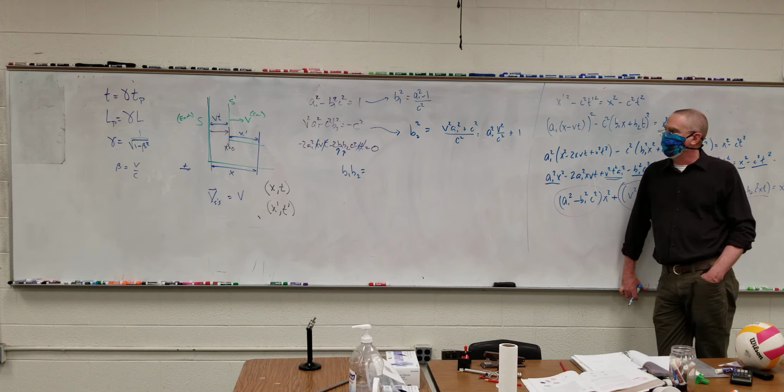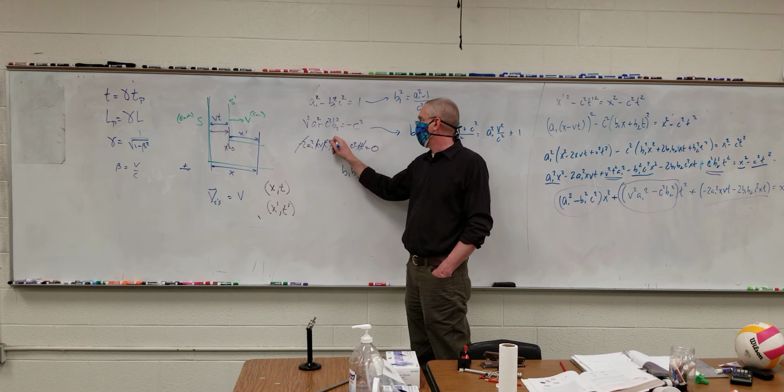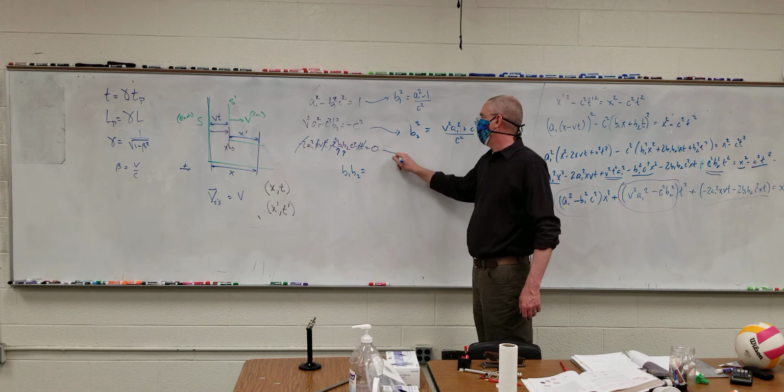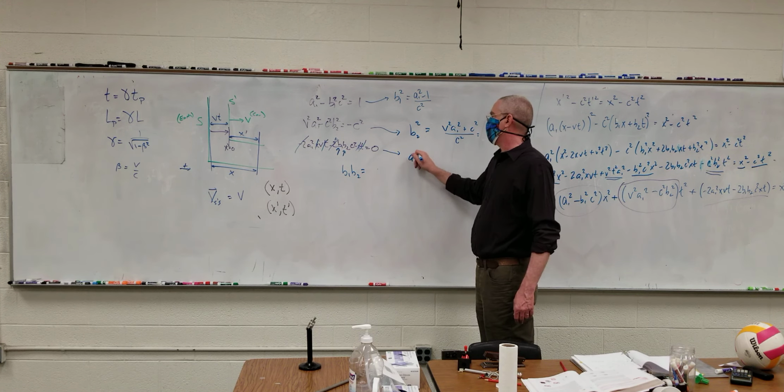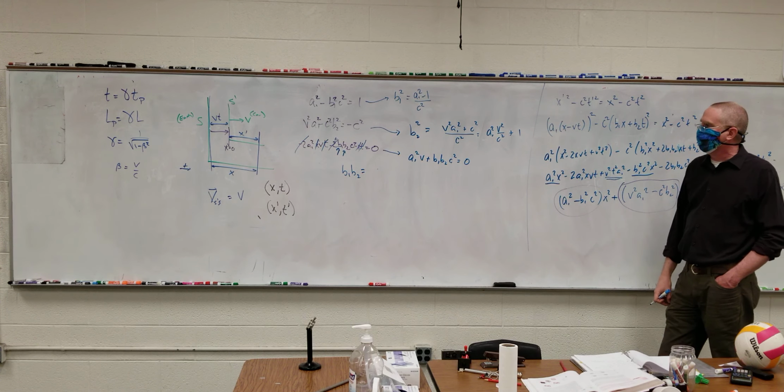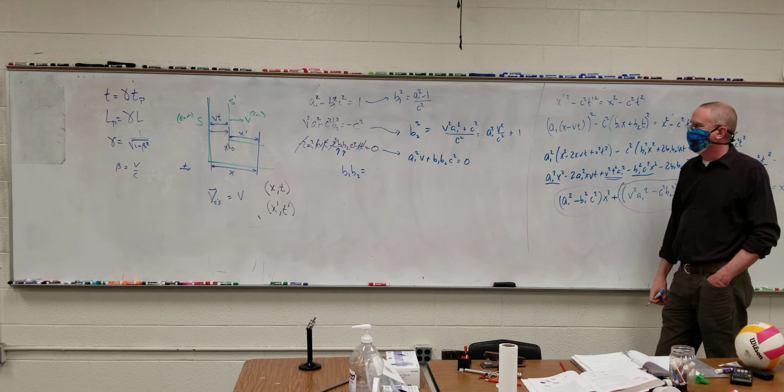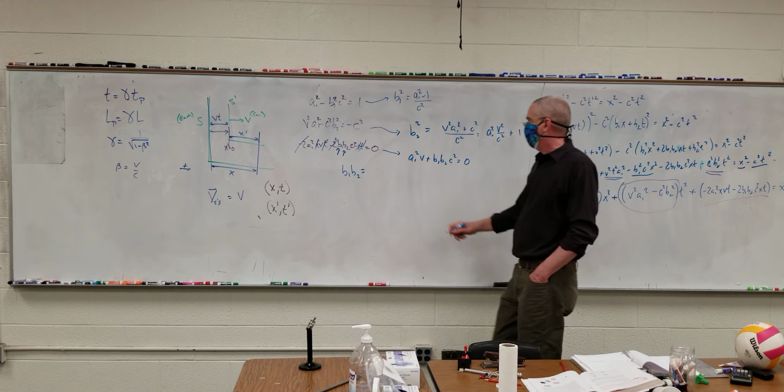It's hard to tell, there's a b in here also. Oh, the negative 2's would go away also. So what I'm left with from this point, once I get rid of that stuff, is a1 squared v plus b1 b2 c squared equals 0. Would be negative a1 squared v divided by c squared.